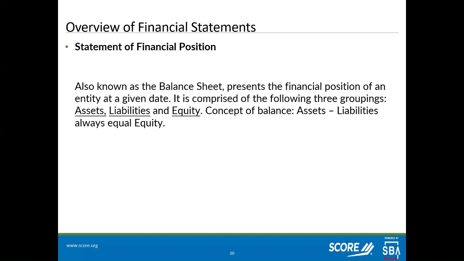Then liabilities: what I owe my vendors, what I owe my bank, what I owe the person that holds my mortgage, what I owe for the purchase of the truck. And the balance is equity.